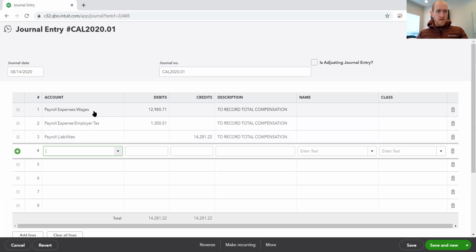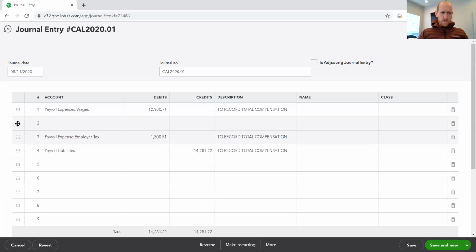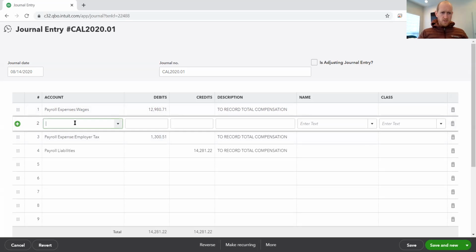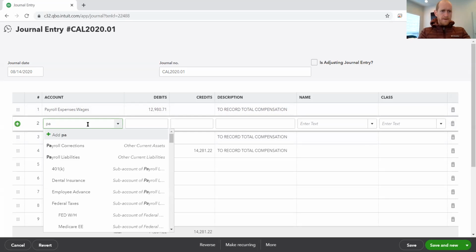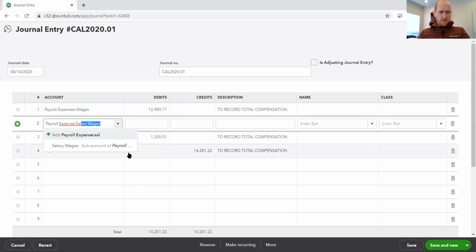All right. So now if you want to break this out further, you can. So maybe I want to do officer. So I got wages, and then I want to say payroll expense. Let's see here. Did I say salary? Salary wages.